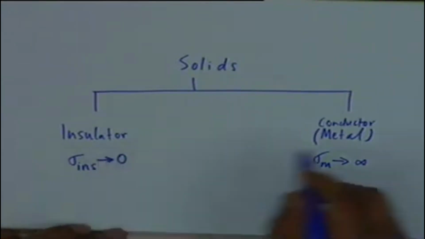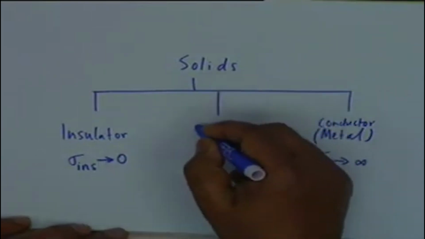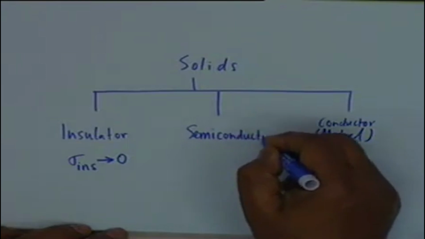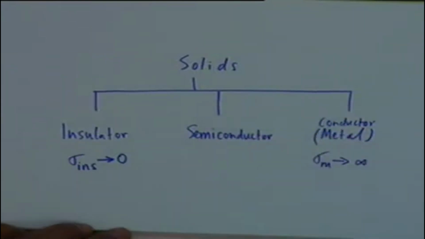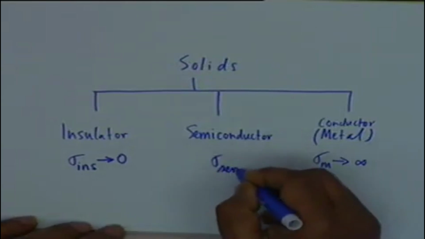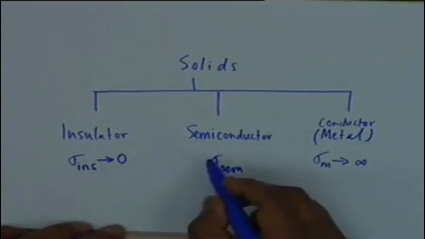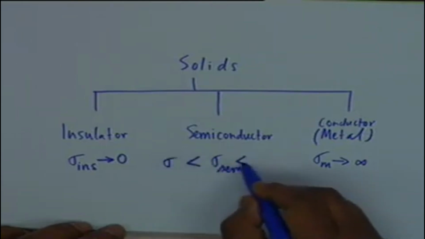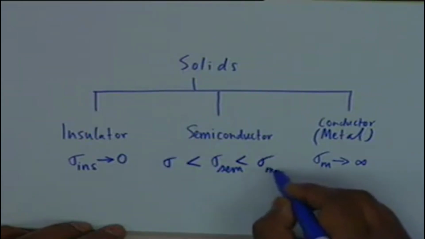In between an insulator and a conductor there exists a kind of material called a semiconductor that is not as poor as an insulator but not as good as a conductor or a metal. In other words, the conductivity of a semiconductor lies between that of an insulator and a metal.